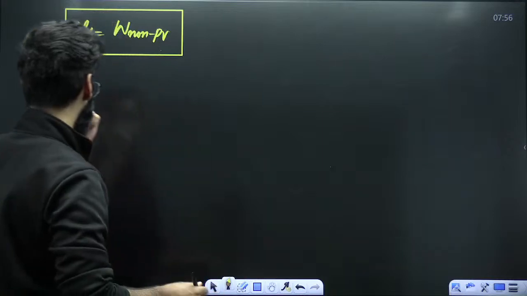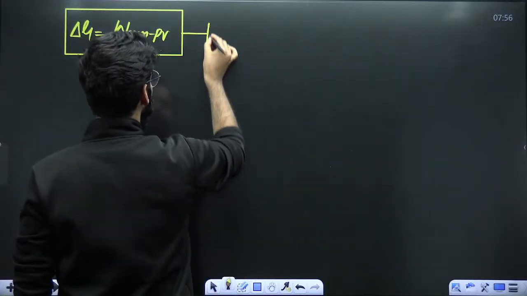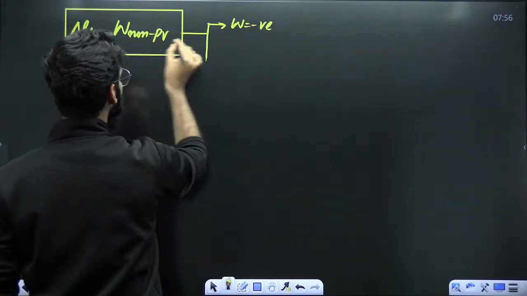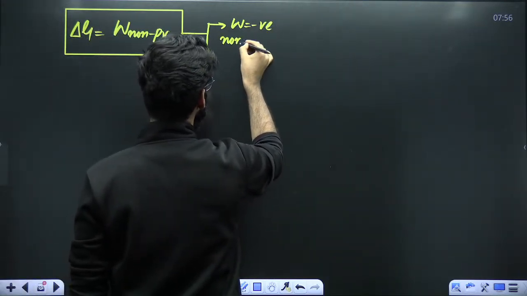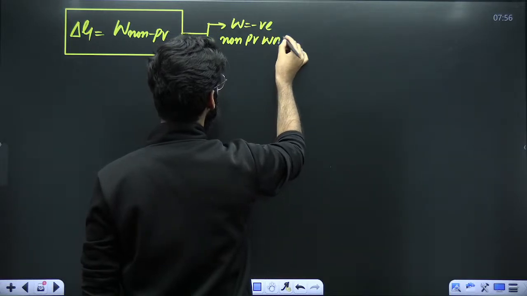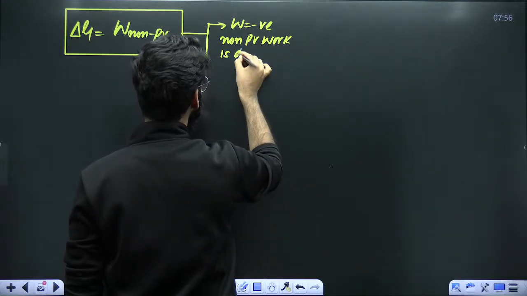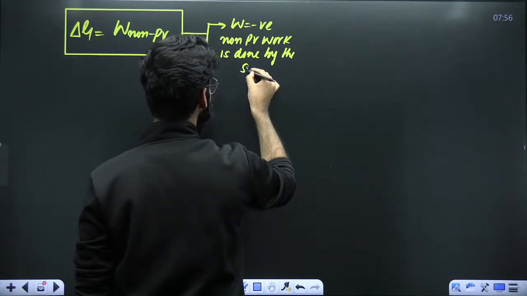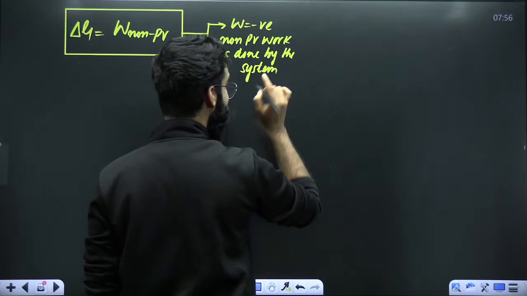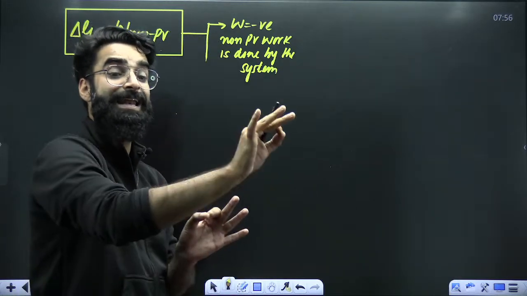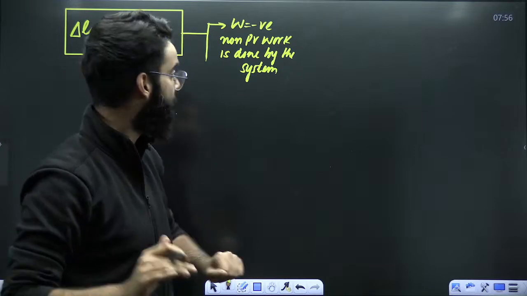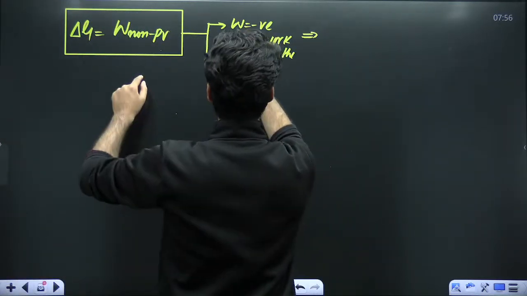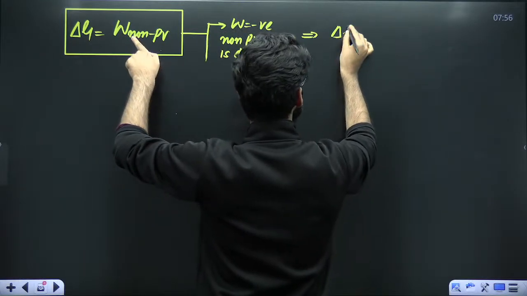Let's try to understand it now. For example, the value of W over here comes out to be negative. If the value of W is negative, what does that mean? That means non-PV work or useful work is done by the system. Just relate it with the Daniell cell, as if the system is sending electrons from anode to cathode. At the same time, if W non-PV is negative, that means delta G is negative.